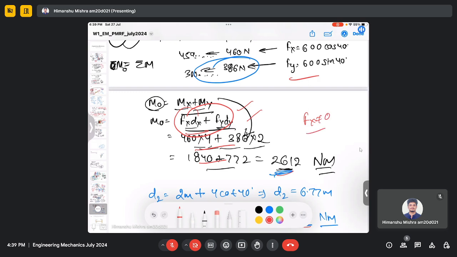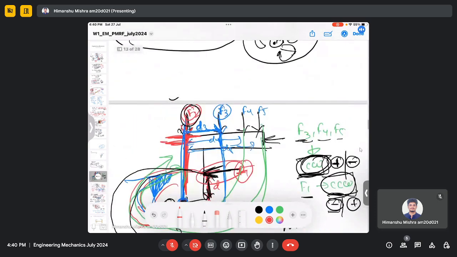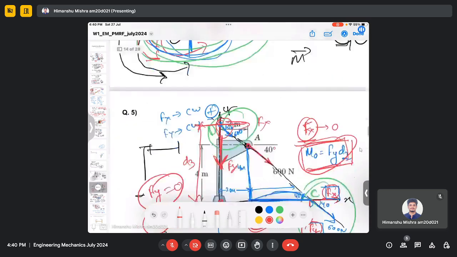So any doubt in either of these approaches? You can use any of the approaches you are comfortable with. The only thing you need to be sure of is that first you define the perpendicular distance, then you ensure whether the moment from the force is zero or not, and if the moment is not zero, then define the direction of the moment.